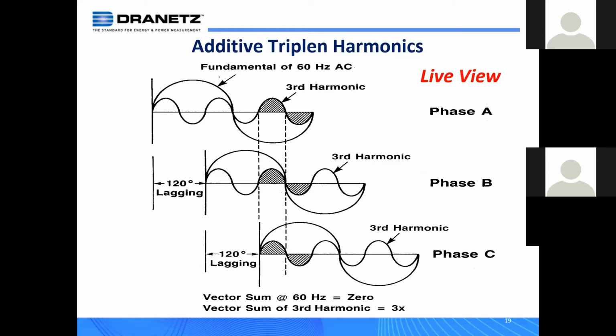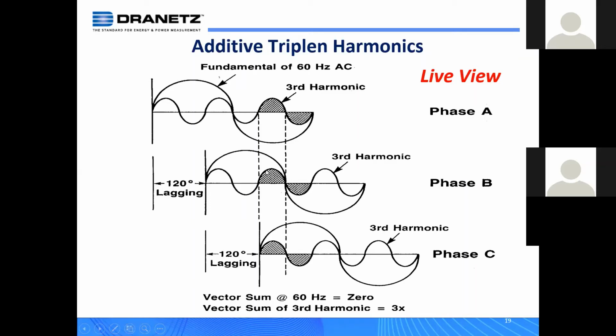As described in one of our first slides, here's the 60 hertz fundamental, and here's the 180 hertz third harmonic. Outside the United States in a 50 hertz system, this is the 50 hertz fundamental and this is a 150 hertz third harmonic. Whichever way you look at it, the 180 hertz or 150 hertz component is the first triplet harmonic.